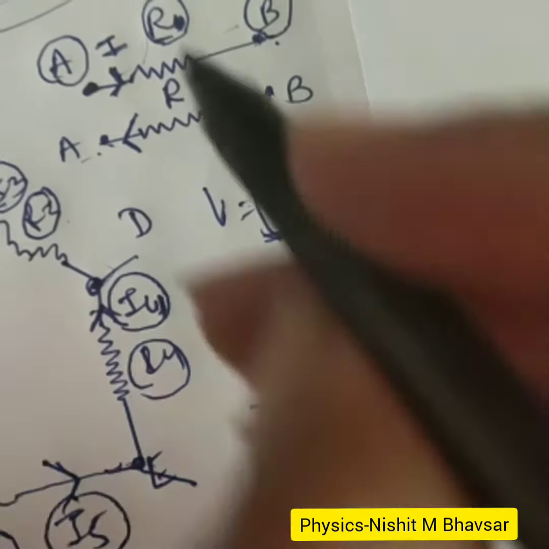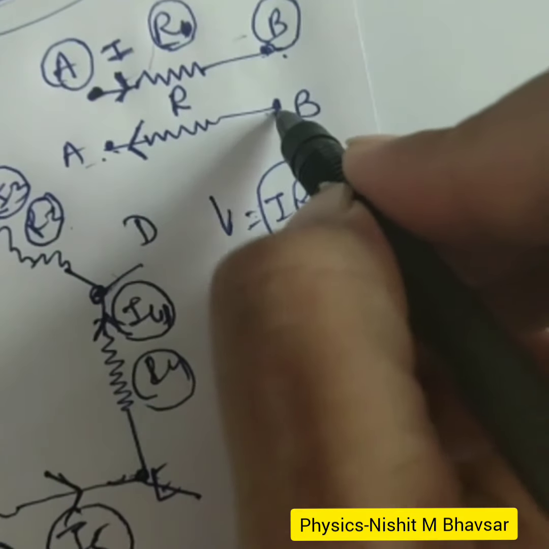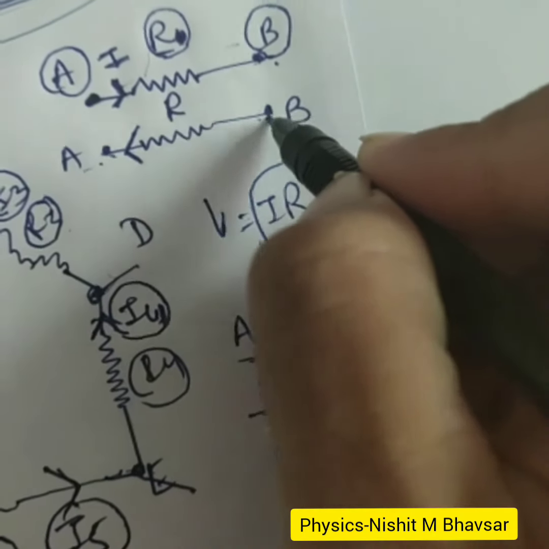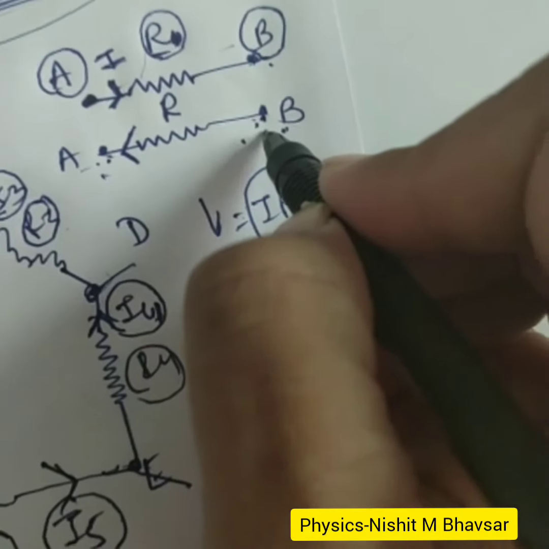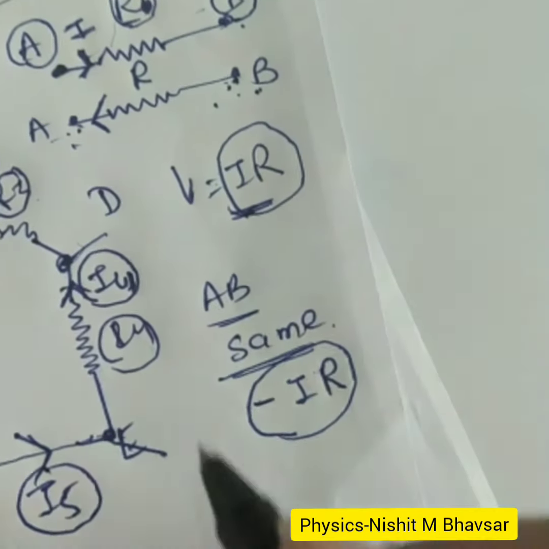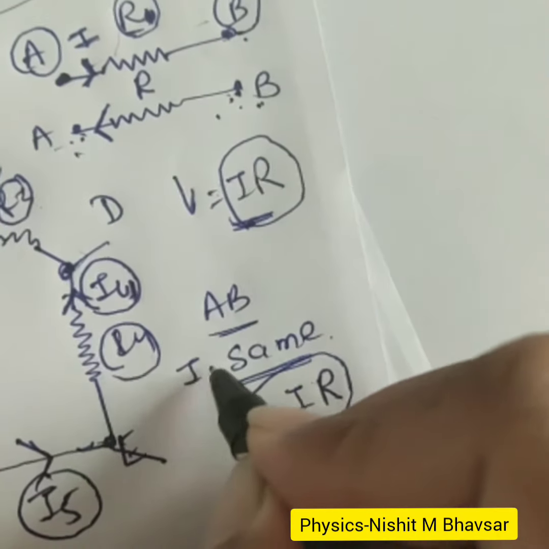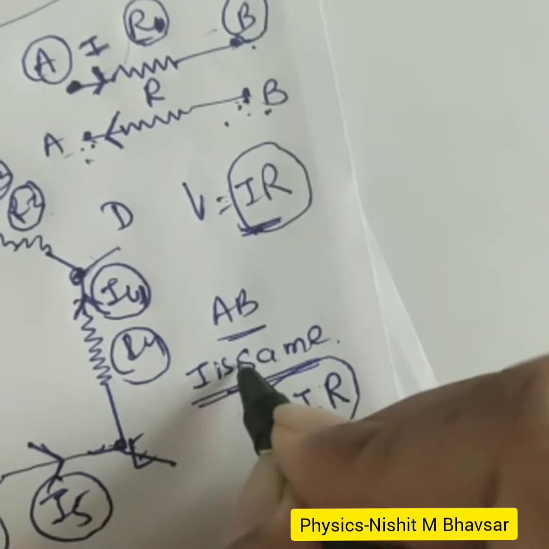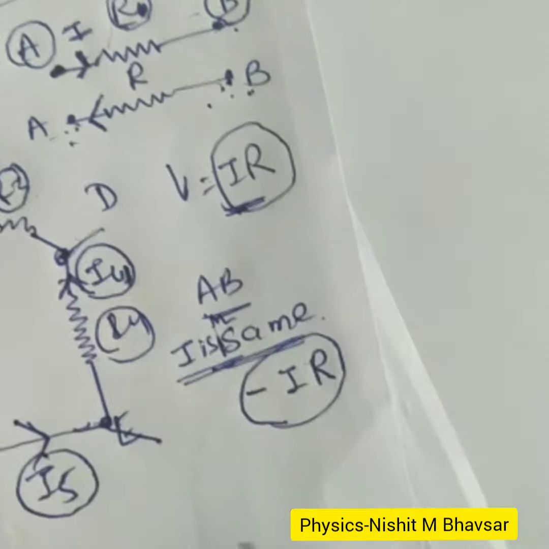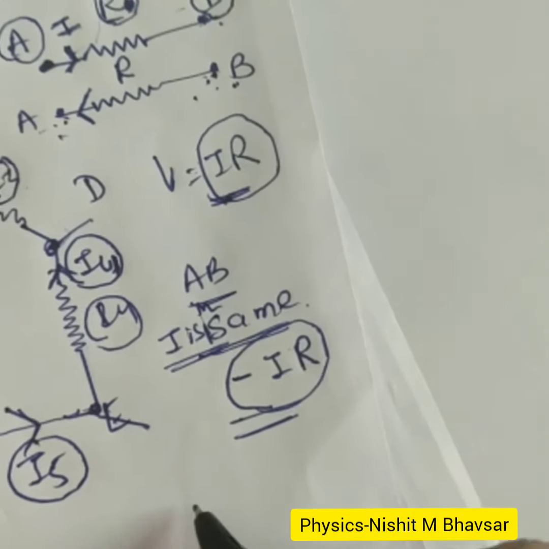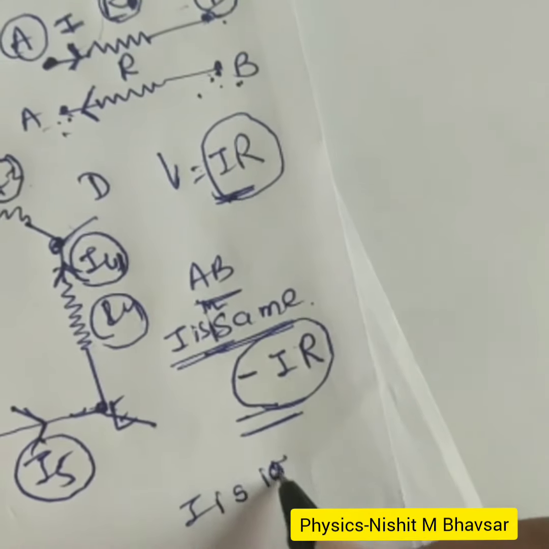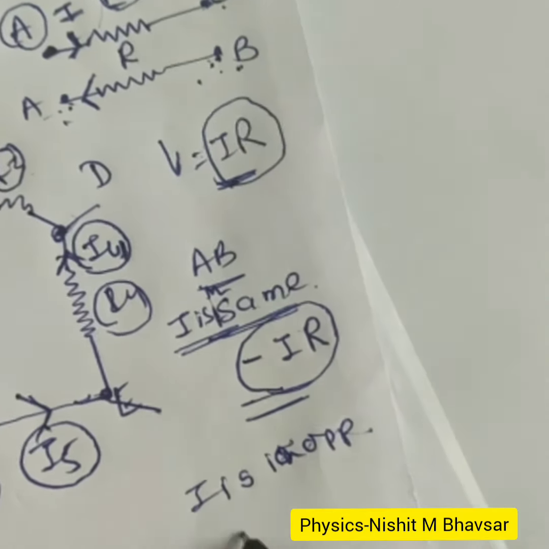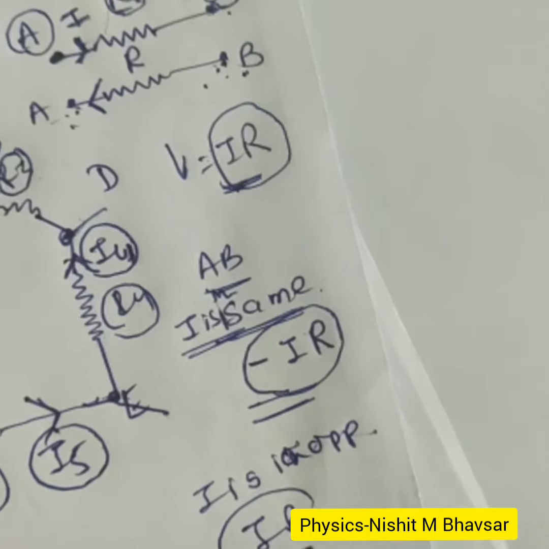If we go from A to B, but electric current is moving from B to A, it means opposite direction. In the same direction IR is negative, but if I is in the opposite direction, IR becomes positive.